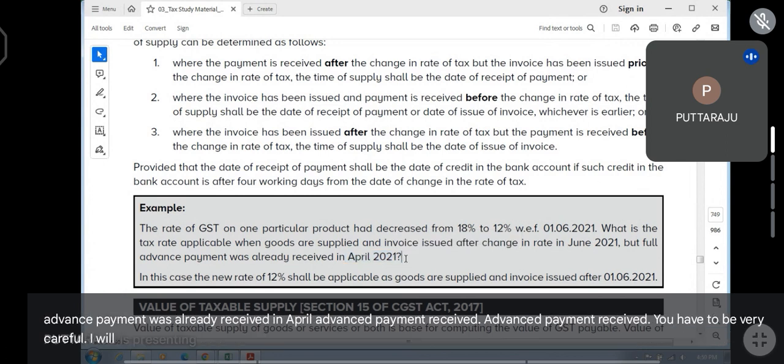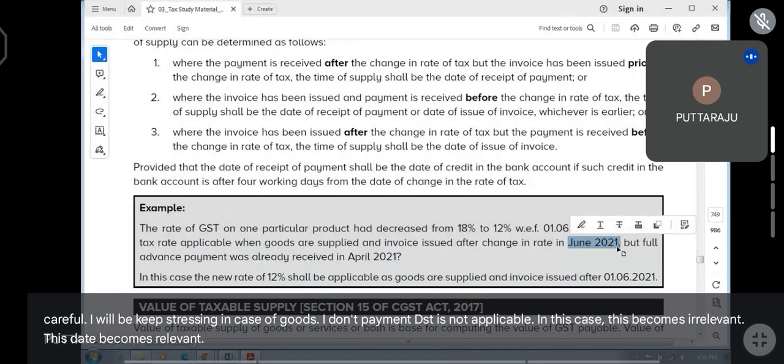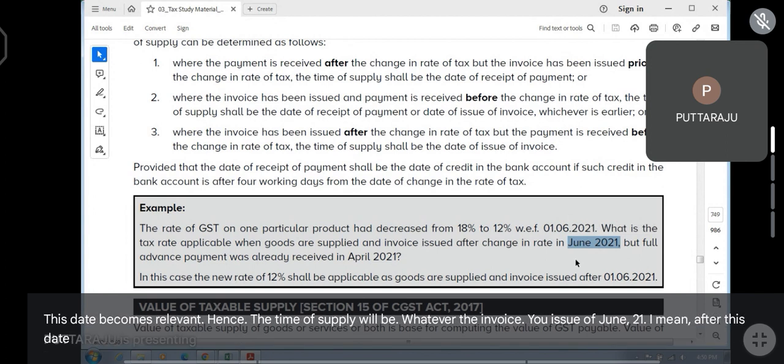I will keep stressing, in case of goods, advance payment GST is not applicable. In this case, this becomes irrelevant. This date becomes relevant. Hence, the time of supply will be whatever invoice you issue after June 21, that becomes your time of supply. Hence, 12% rate is applicable.